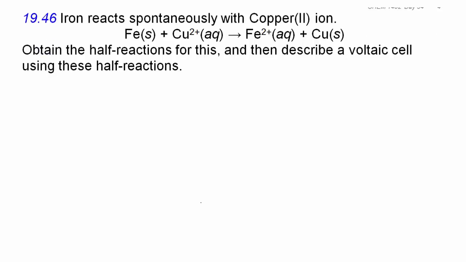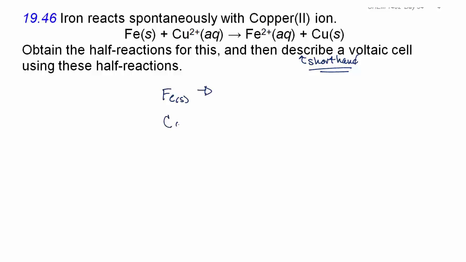Iron reacts spontaneously with copper 2. Obtain the half reactions for this and then describe a voltaic cell using these half reactions. So when they say describe, let's just do the shorthand notation. Okay, so let's get the half reactions. Iron solid goes to what?